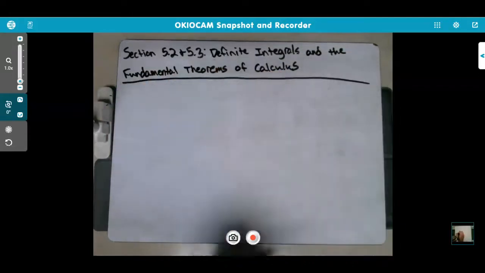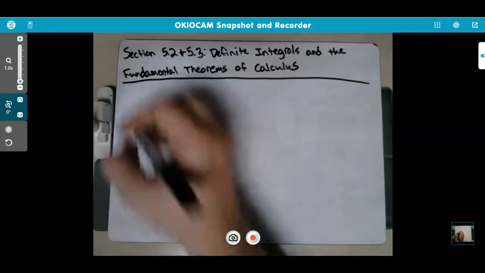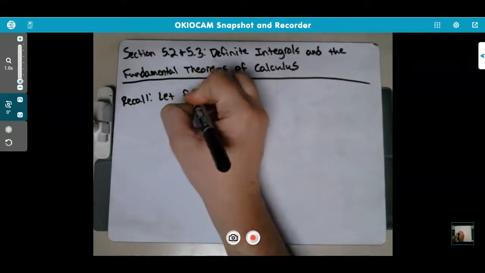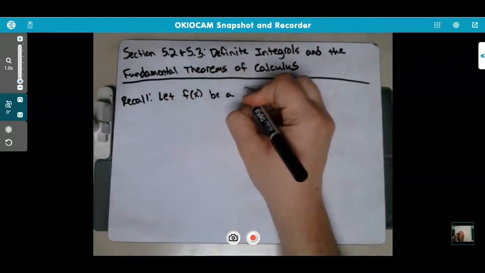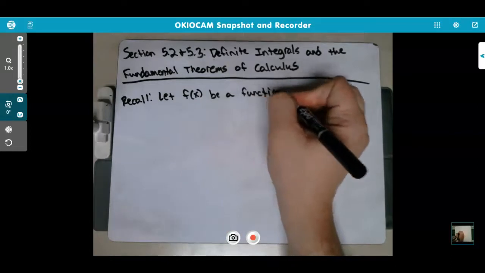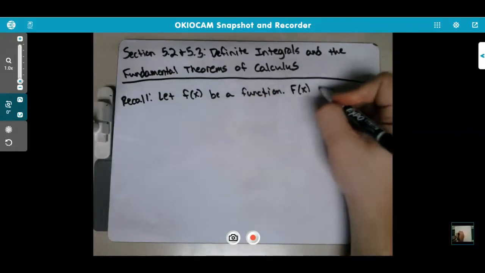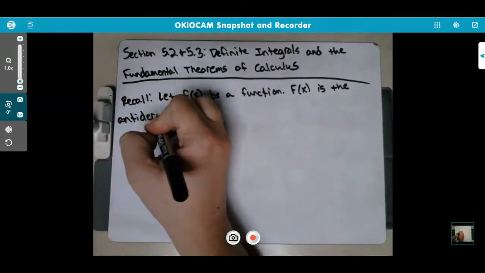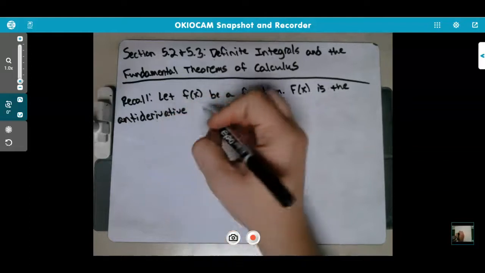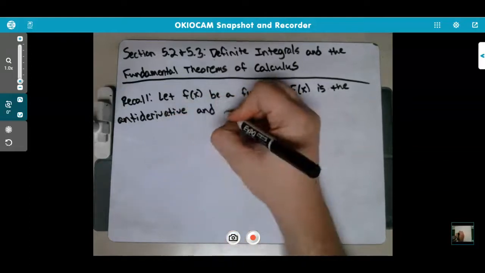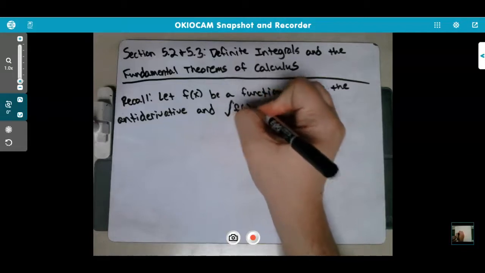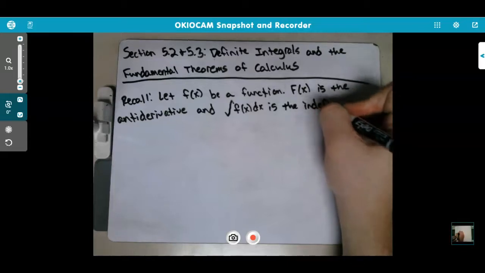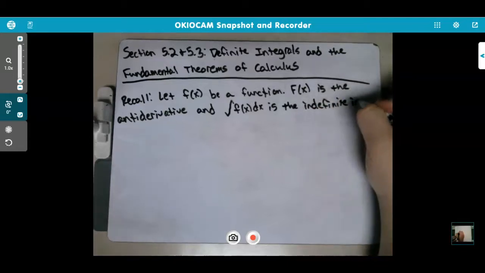First thing I want to do is recall a concept from section 4.10. What this said was: let f of x be a function, capital F of x is the antiderivative, and the integral of f of x dx is called the indefinite integral.